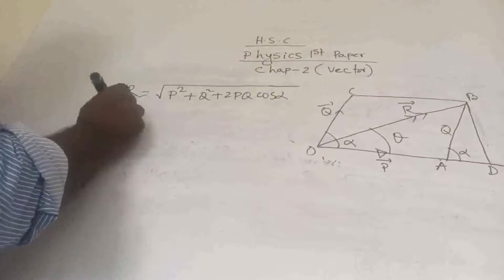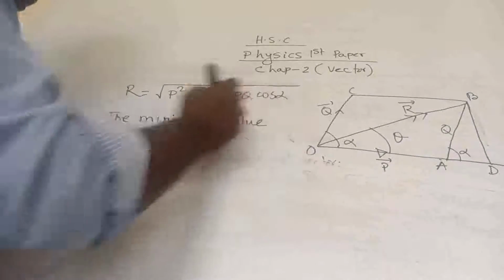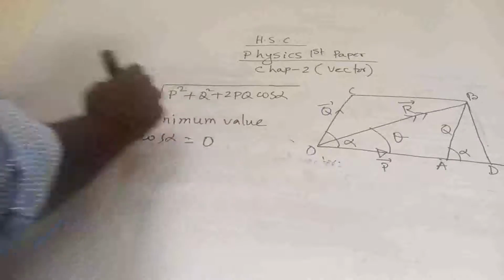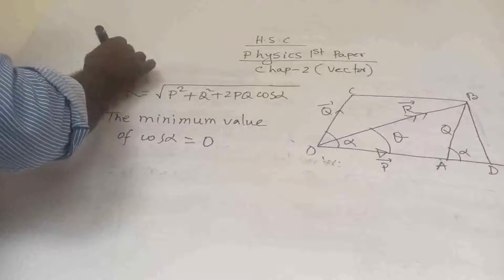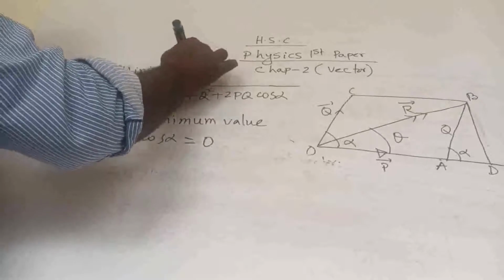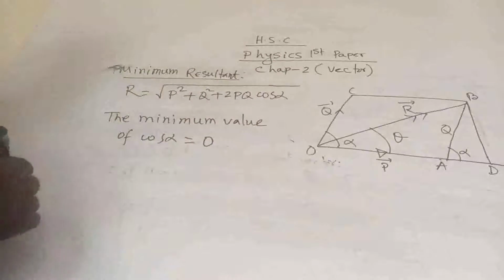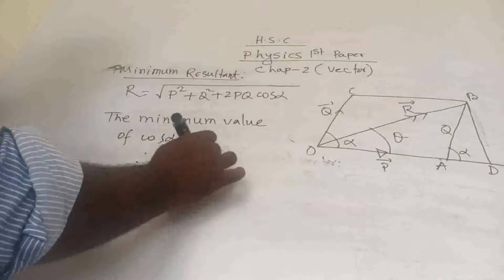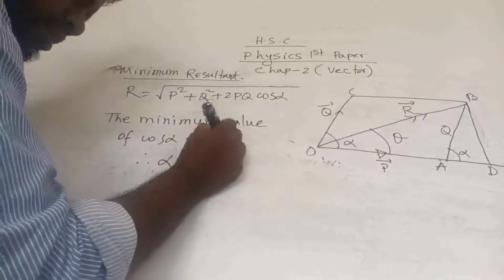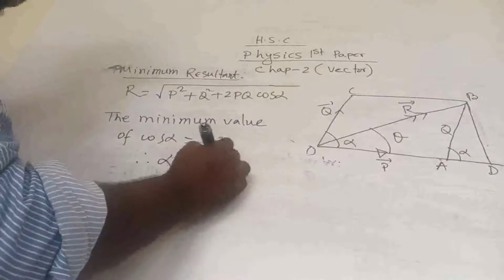Actually, we are checking the minimum resultant. The minimum value of cos alpha is equal to -1. In that case, alpha is equal to 180 degree.